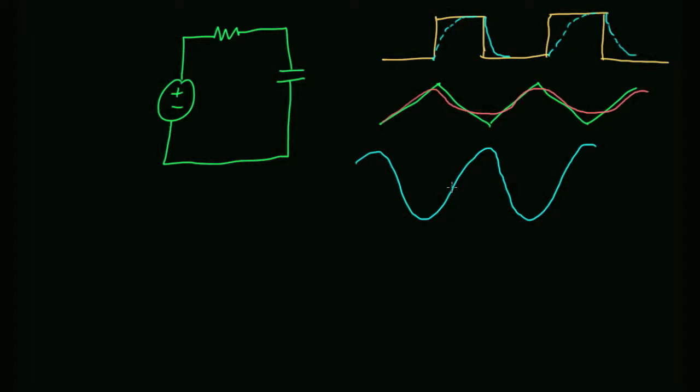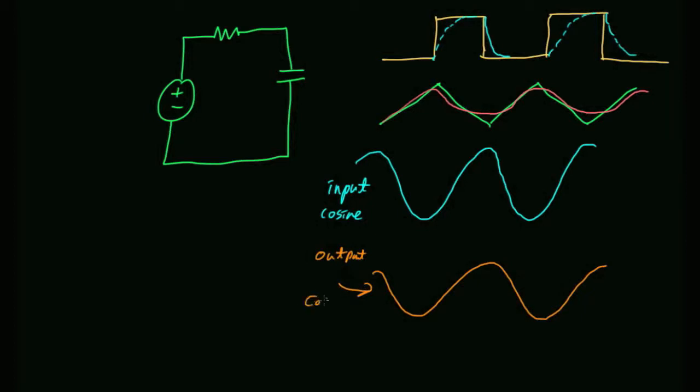The phase is part of it, but there's something more fundamental than that. If your input is a cosine, your output will be a cosine at the same frequency.